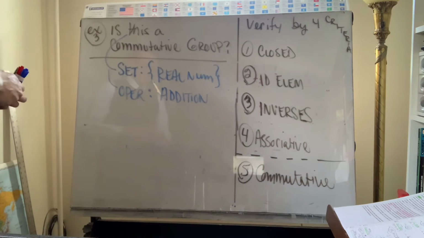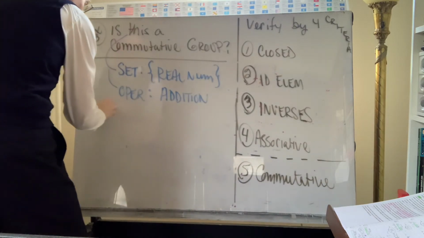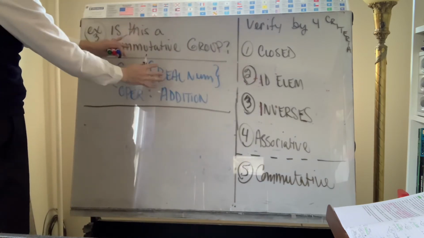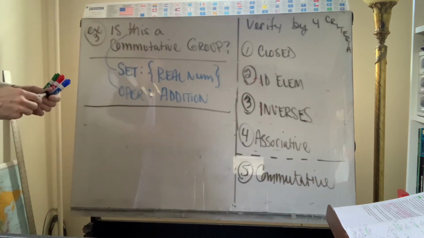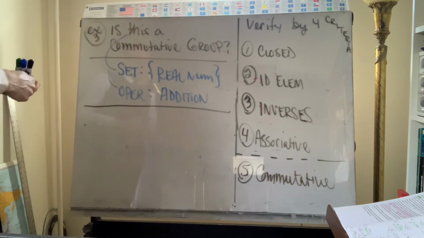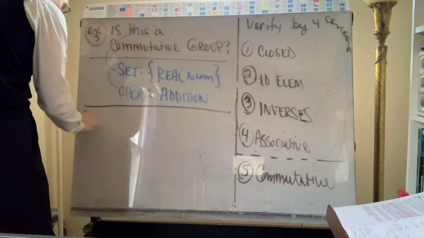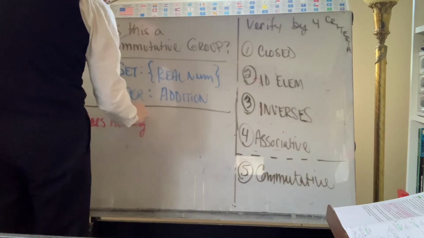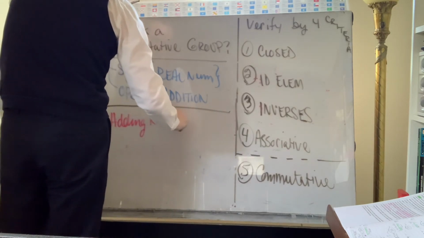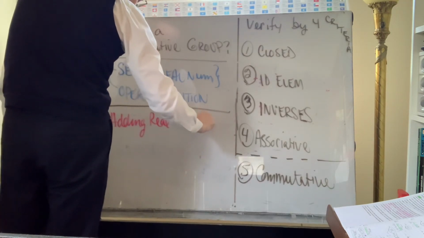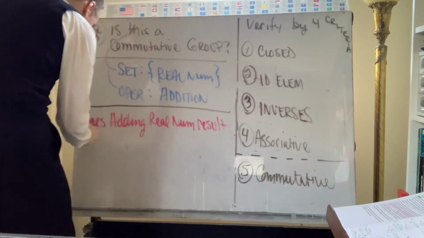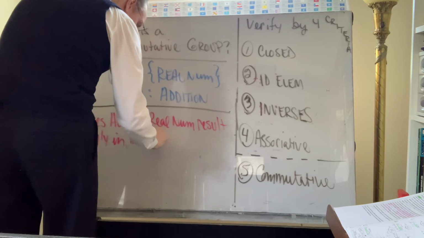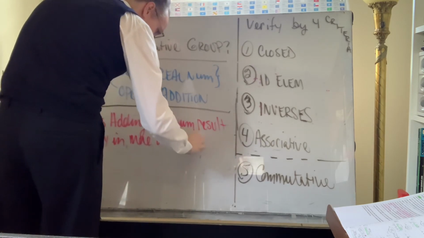So again, we'll have to modify the question about closure to adapt it to the scenario described. Does adding real numbers result only in more of the same type?